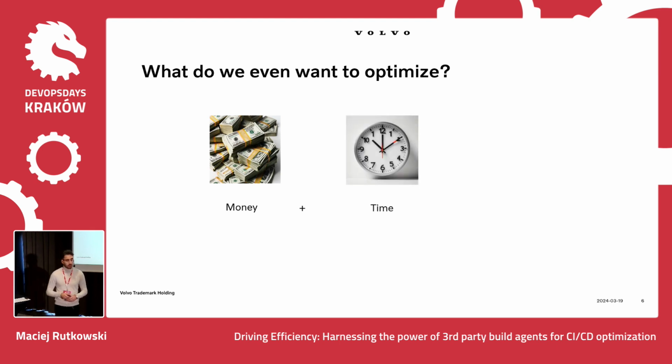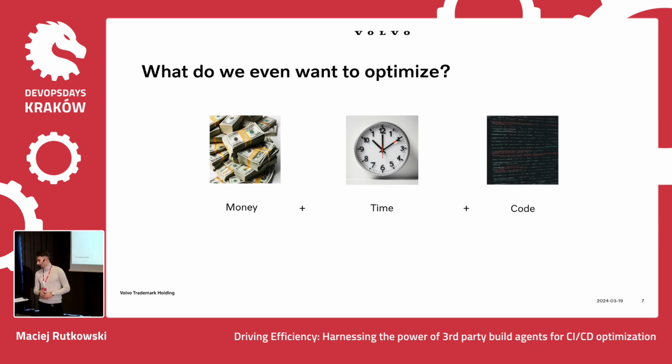Then we'll focus on time. As already said, the time we spend developing our pipelines, and as well the time to market. So our CI/CD processes should reduce the time to market for our solution, and not make it longer. And the third, but not least important, factor is code.